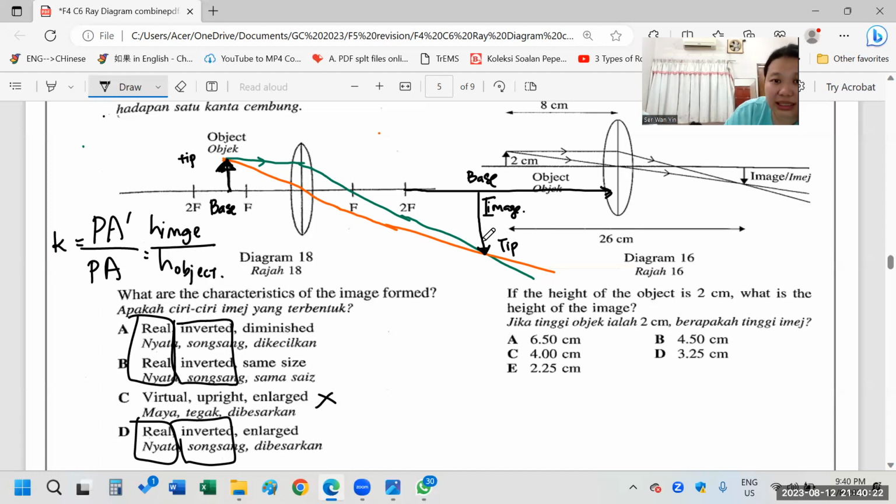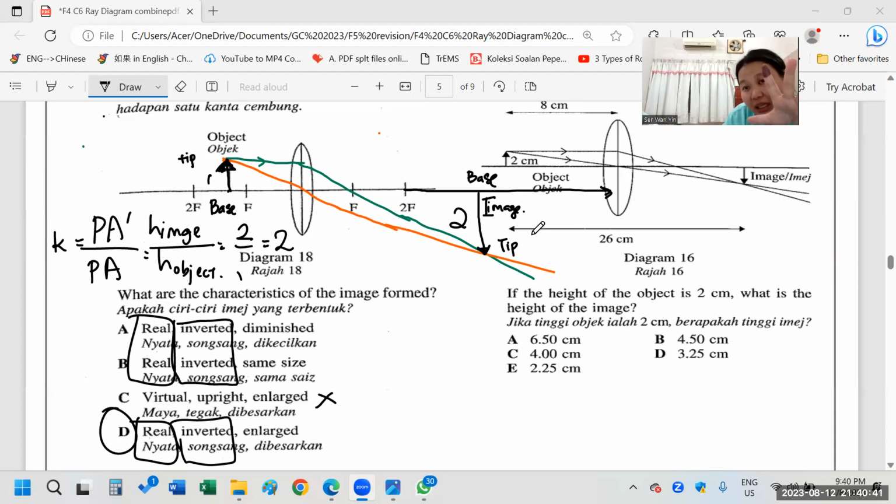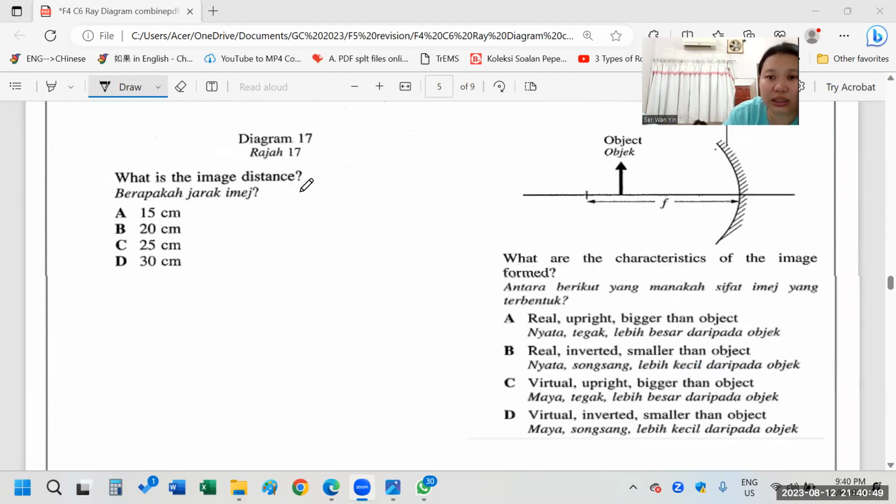So let's say this is 2, this is 1. 2 divided by 1 becomes 2. 2 means what? Enlarged. Okay? So we compare the image to original. Image bigger than original.